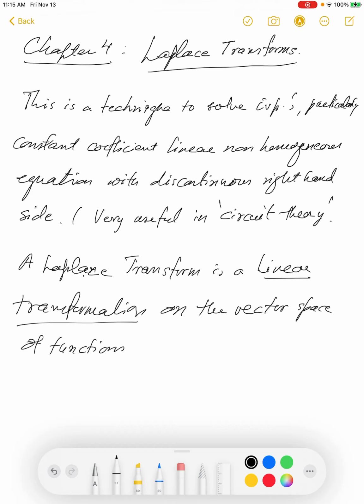Exactly what kind of functions I will not go into that detail, but we'll just say vector space of continuous functions on 0 to infinity. Continuity is not really the key thing.